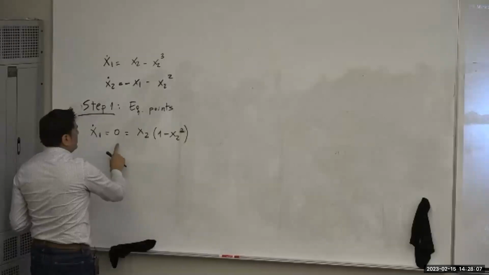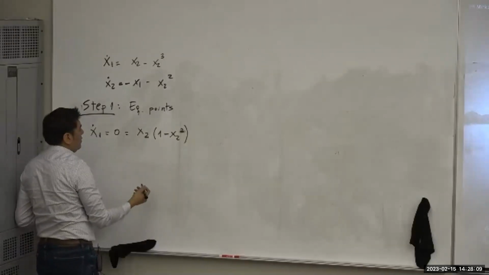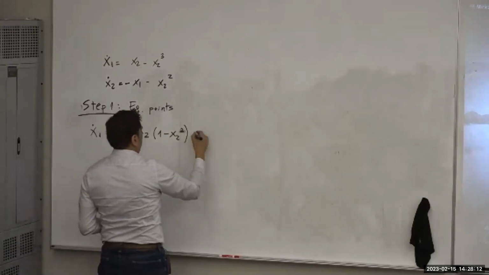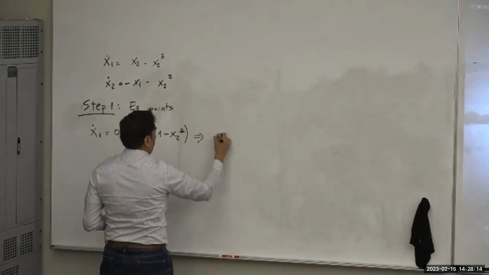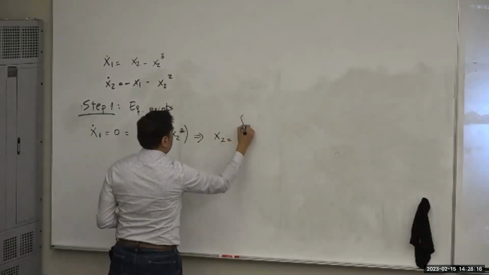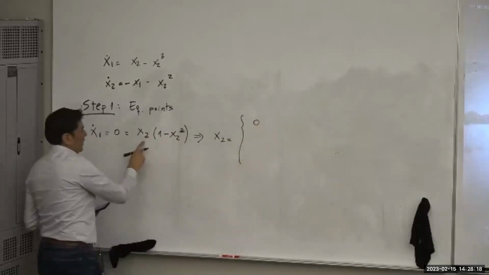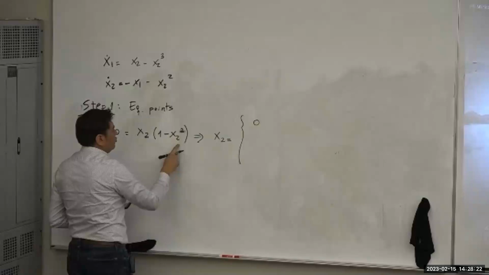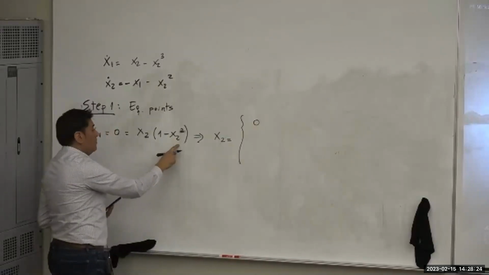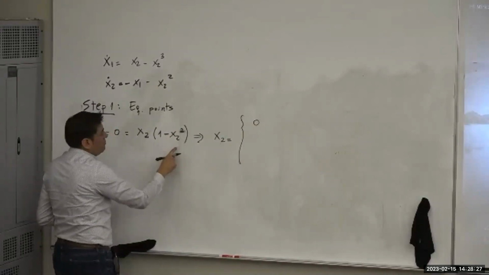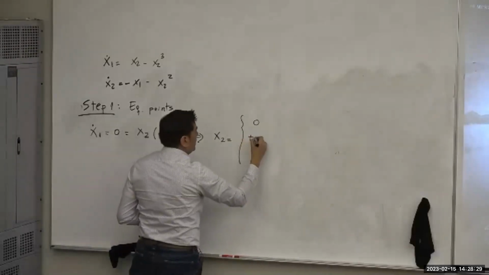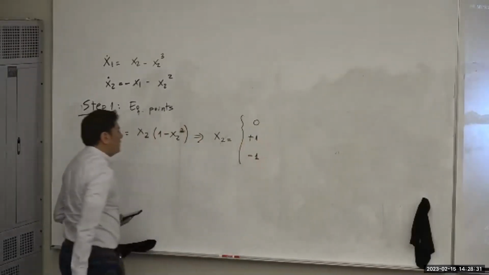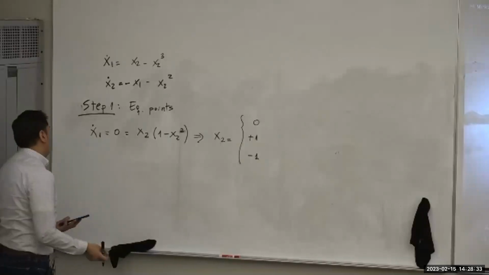If this is equal to 0, we have two choices. x2 can be 0, that's one choice. But the other is that x2 squared is 1, so x2 can be plus 1 or negative 1. So x2 can have those three values.